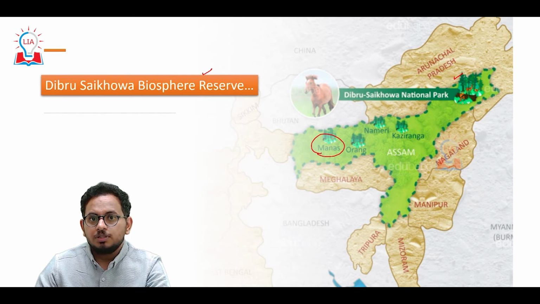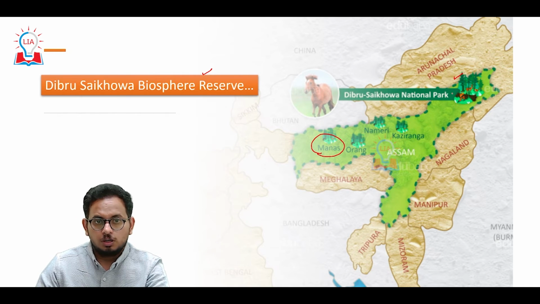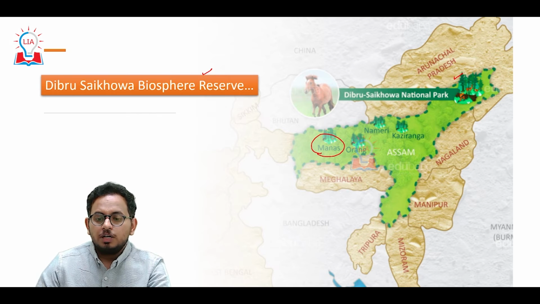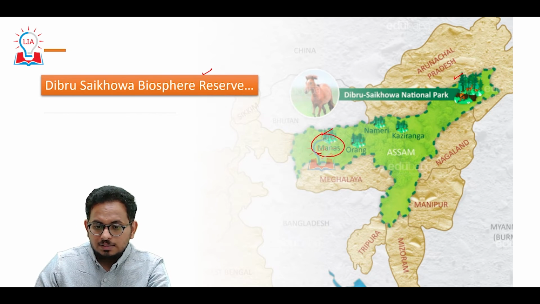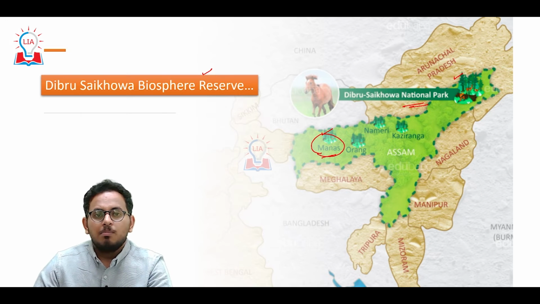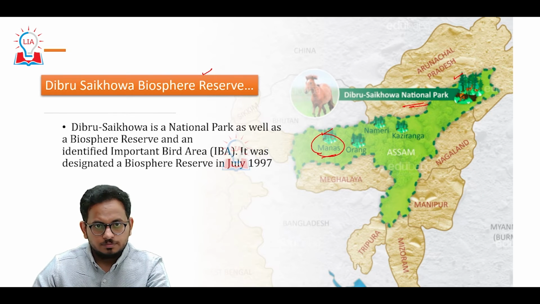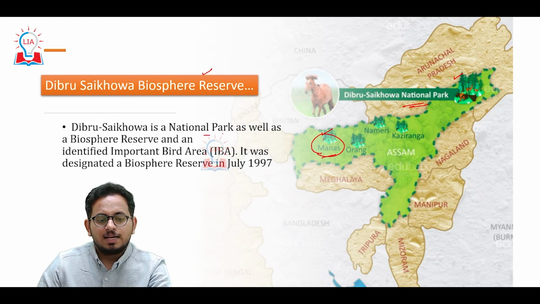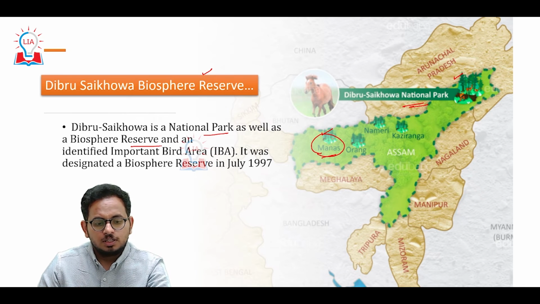If at all a UPSC question asks you to arrange the biosphere reserves from south to north or north to south or east to west, then you need to know the location of each and every biosphere reserve. Here you can see Manas is towards the south, and the Dibru-Saikhowa National Park is towards the north of Manas Biosphere Reserve.